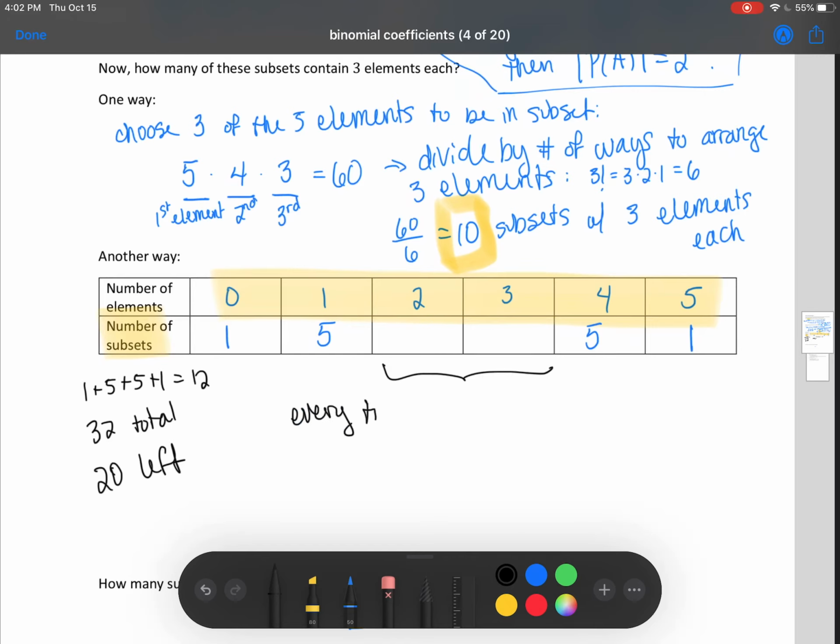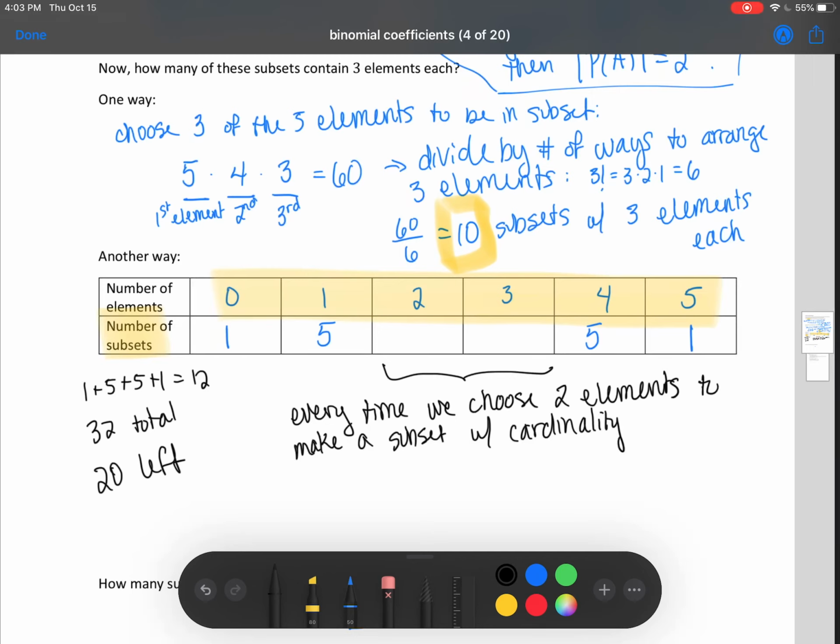Basically, every time we choose 2 elements to make a subset with cardinality 2, the remaining elements, which is of course 3, make a subset with cardinality 3.